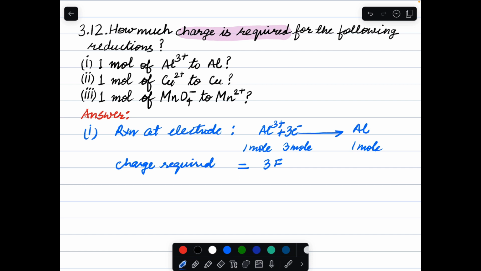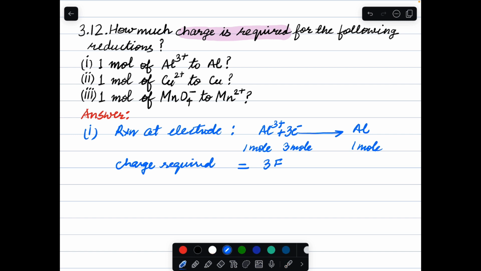Okay, why? Because one ion requires 3 electron, therefore 1 mole of ion will require 3 mole of electron, and charge on 1 mole of electron is equal to 1 Faraday. We have seen in the beginning. So charge on the 3 mole of electron will be 3 Faraday.